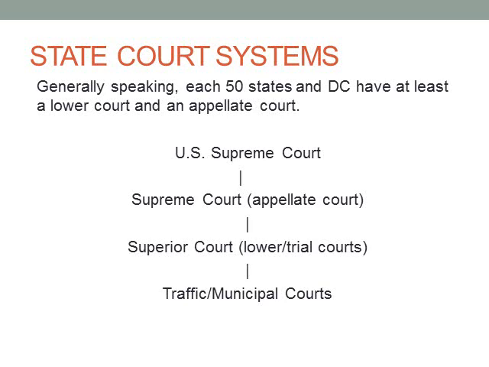Our state court system is generally set up like this little hierarchy. As I said, 50 states and DC have at least a lower court and an appellate court. This is the general structure. I'm going to show you New York's structure here in a moment. But normally there's some municipal court or traffic court.